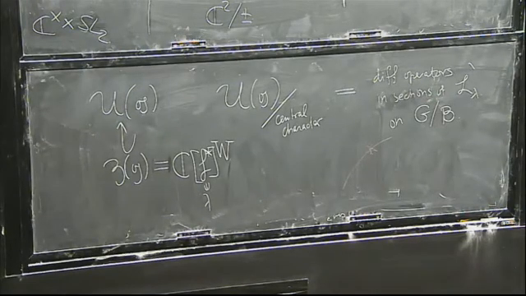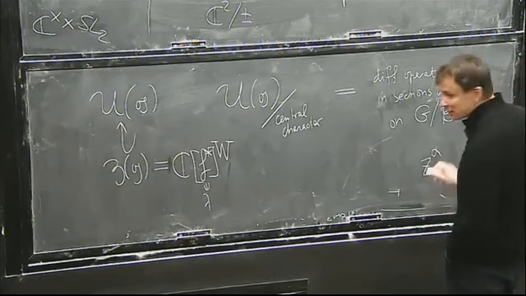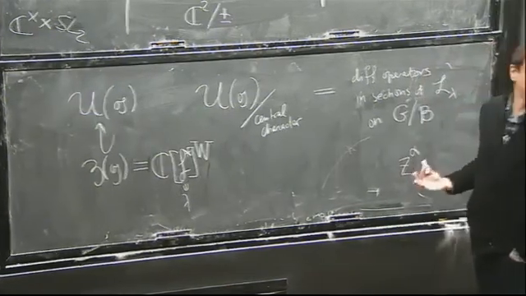Differential operators on sections of line bundles are defined even for fractional line bundles, because all you need to know is how to differentiate a fractional power of a variable, and that's okay.